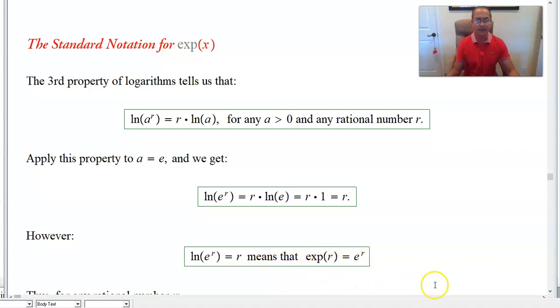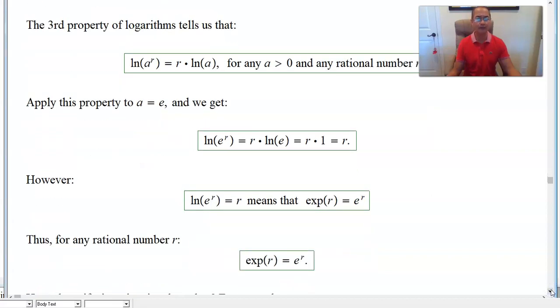Exponential of r must be e to the r. We can therefore say that the exponential function, when you plug in a rational number, must give you just e to the power r. That is the conclusion that we get from the third property for logarithms and the cancellation properties for the natural logarithm.